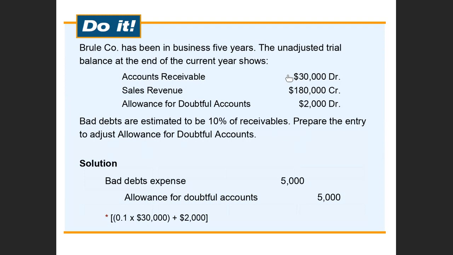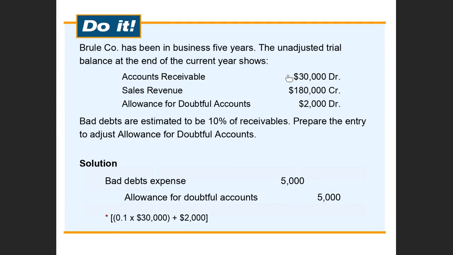The end should be 3,000, 10% of this, right? To make this 3,000, what do I have to do here? I have to do 5,000 here. So I have bad debt expense debit 5,000 and allowance for doubtful accounts credit 5,000. Follow?